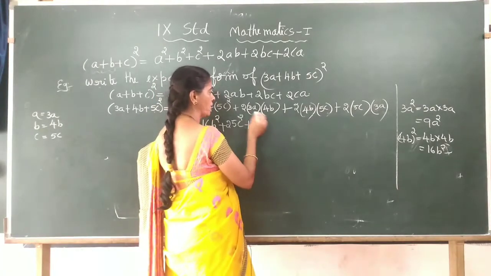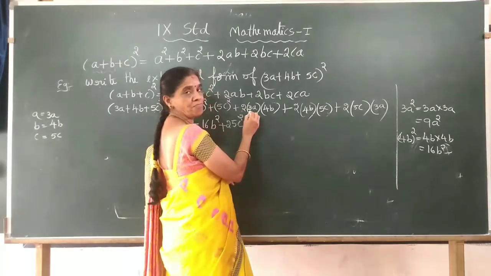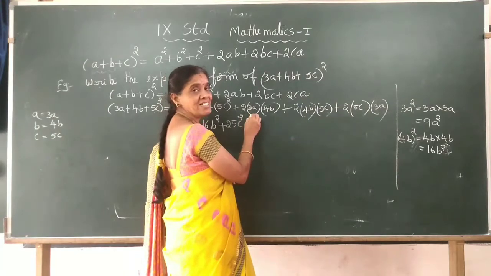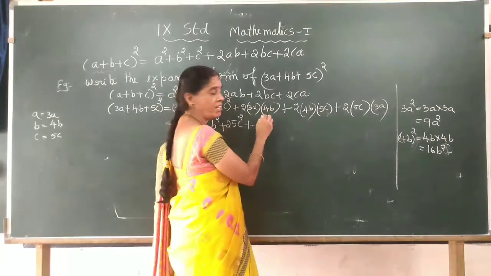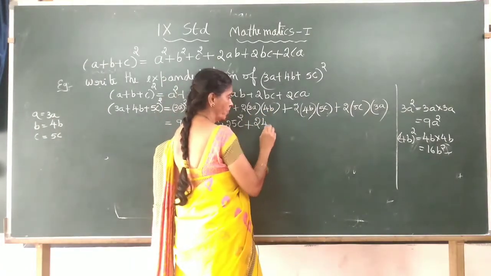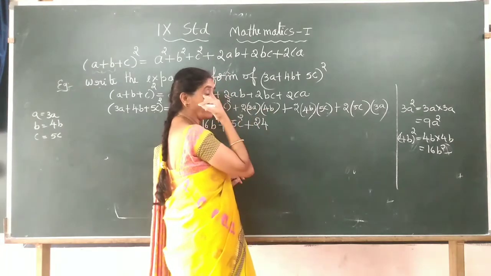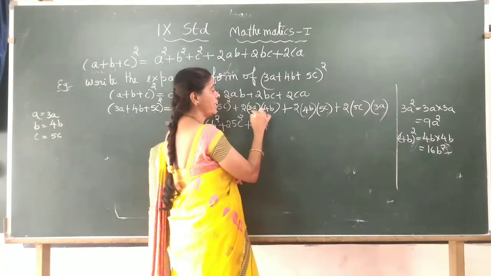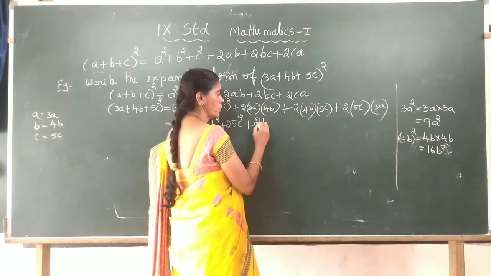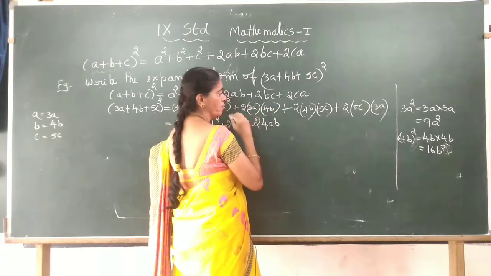First, multiply the numbers. 2 threes are 6, 6 fours are 24. Now multiply the variables, A into B: 24AB.